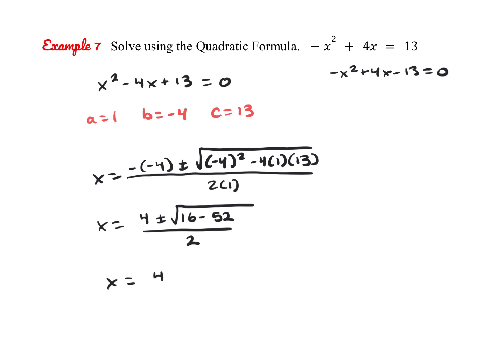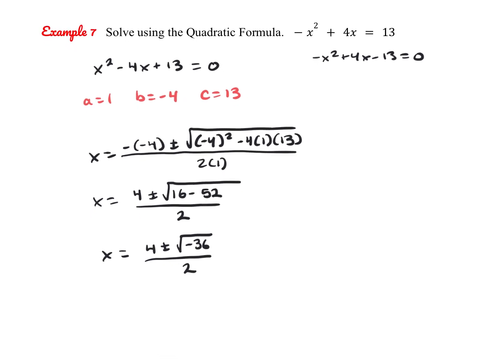Now let's keep simplifying. Here we have the square root of negative 36 all over 2. So here you could see that our discriminant does end up being negative. So I know that I'm going to have 2 imaginary solutions. So I just need to finish simplifying this. So I know when there's negative inside, I put an i out front, and the square root of 36 is just 6.